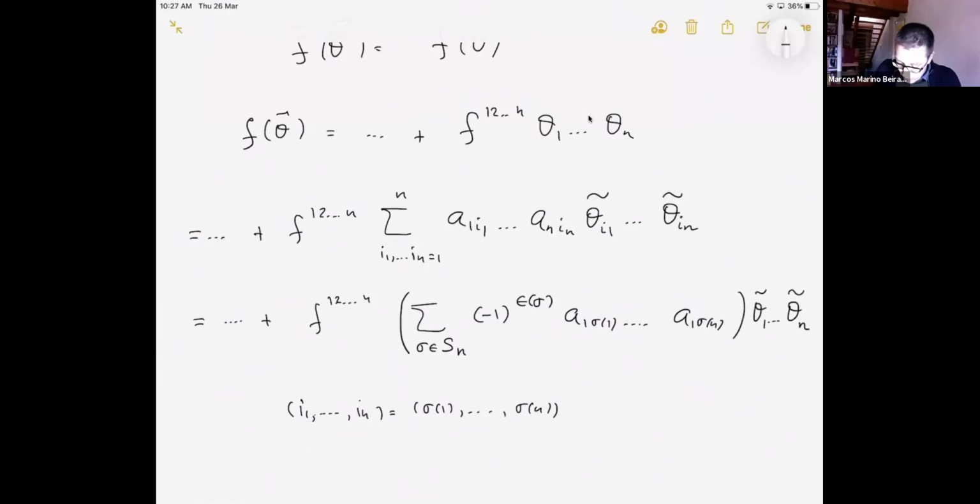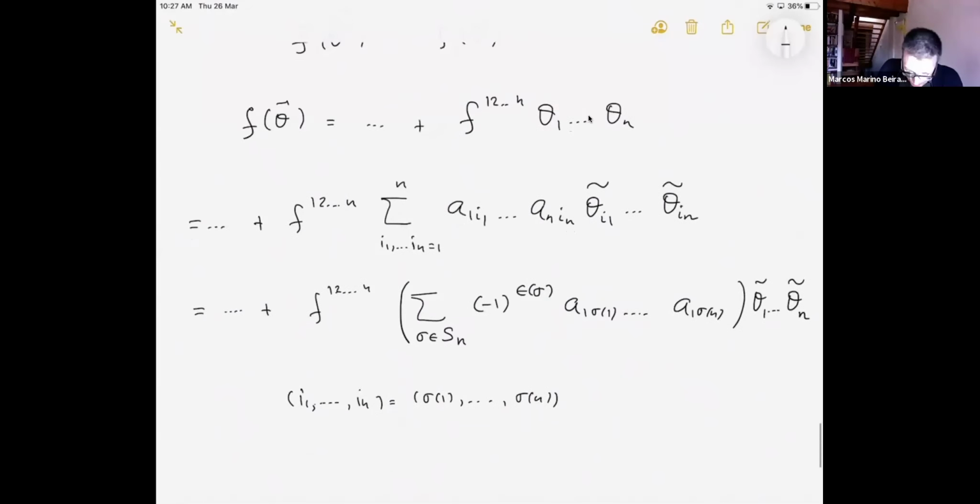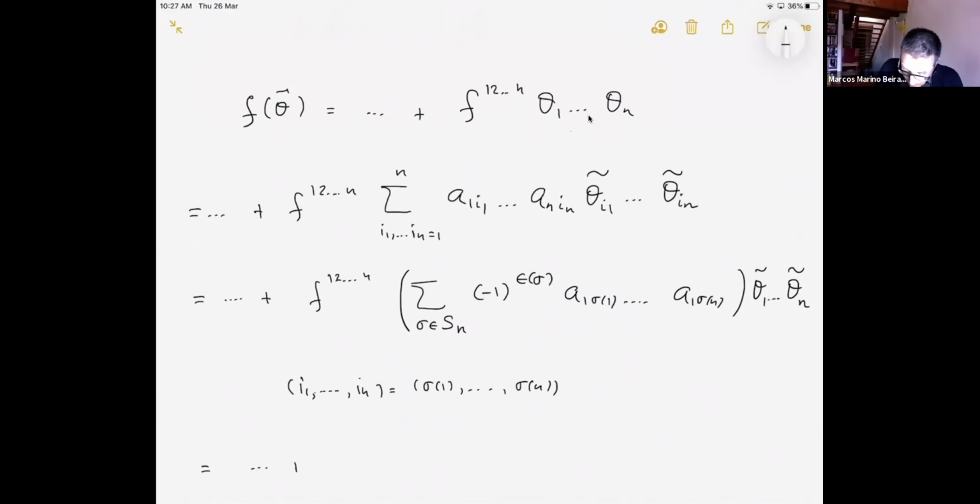So this means that f of theta, when written in terms of these variables, is f_{1...n} times what? What is this thing in the parentheses? Well, this is just the determinant of the matrix A.